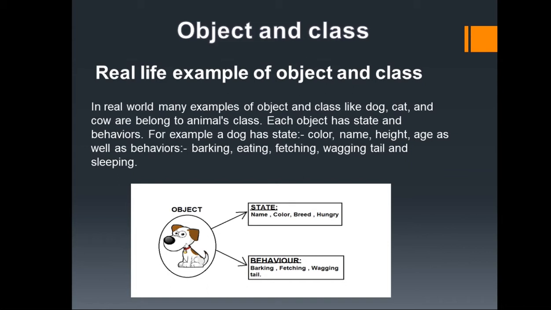You can see this with the help of the diagram. Here is the object dog, and it has different states such as color, breed, hunger, and it also has behavior such as barking, fetching, wagging tail, etc.